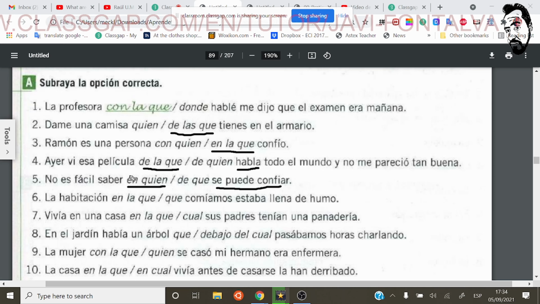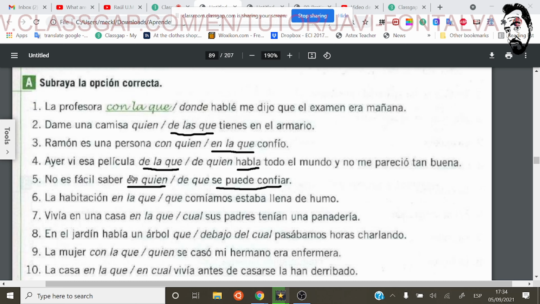6. La habitación comíamos estaba llena de humo. So the room that... would I talk about a person?